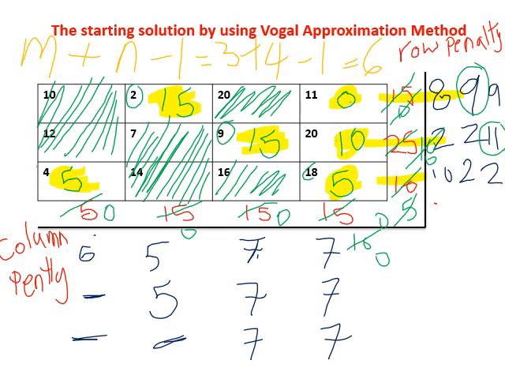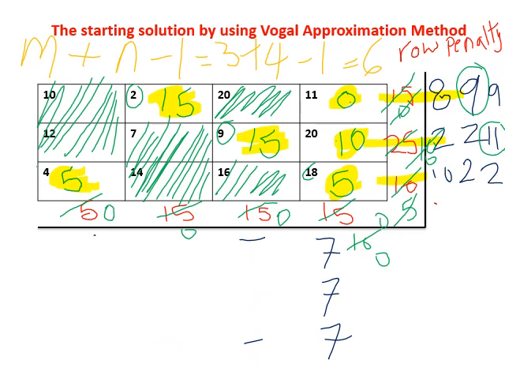And then we will compute the value of the starting solution by the Vogel approximation method, by multiplying each value by its transported cost.